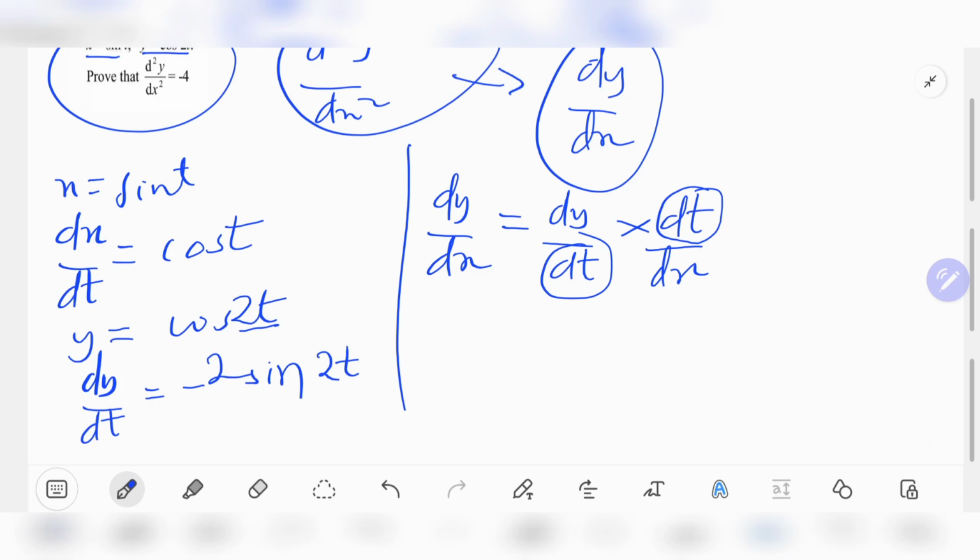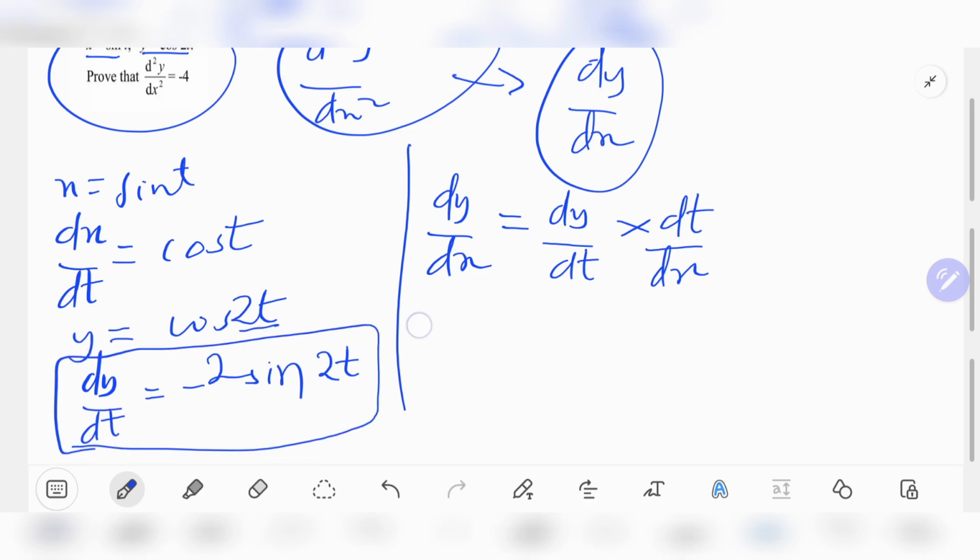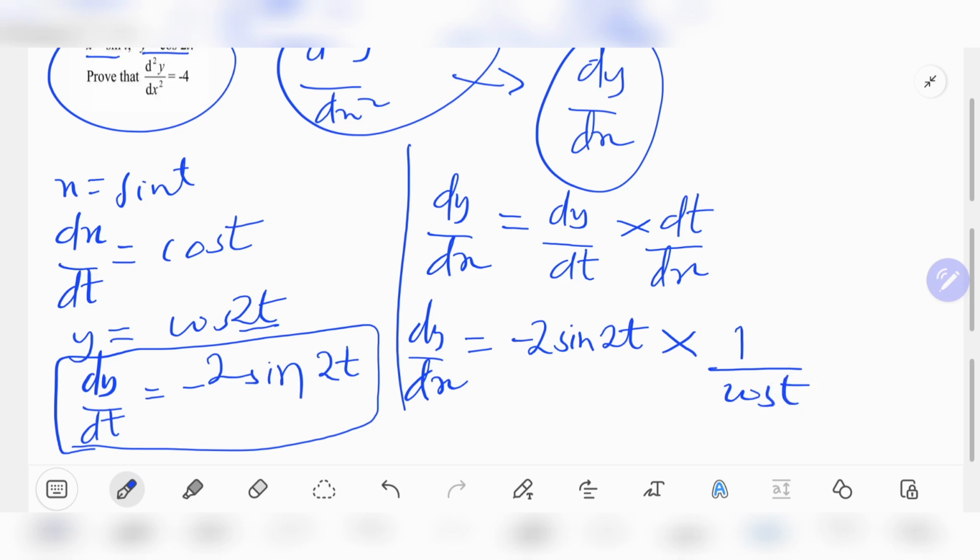Now we have our dy dt, which is minus 2 sine 2t, times dt dx. We don't have dt dx, but we have dx dt. If we have dx dt and we want dt dx, that is the reciprocal of dx dt, so that's going to give us 1 over cos t.